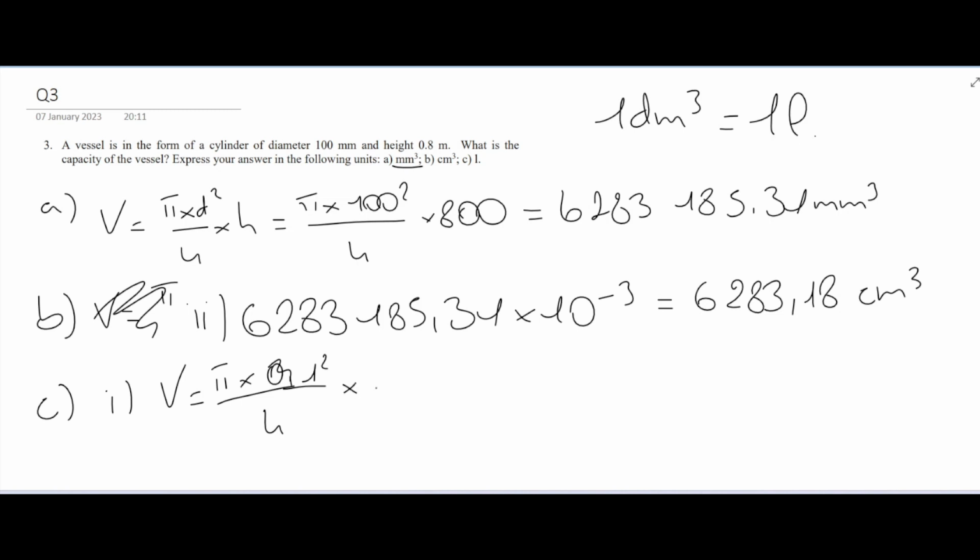We're going to multiply by the height, which would be 8 decimeters. Now this gives us 6.28 decimeters cubed, which is basically 6.28 liters. Here we go. This one's a bit tricky. You need to make sure to read the question correctly.